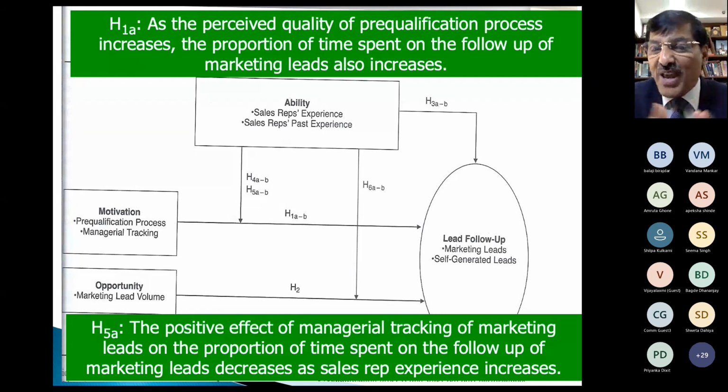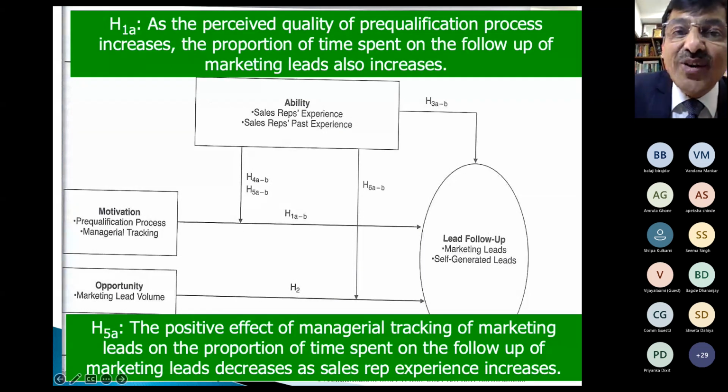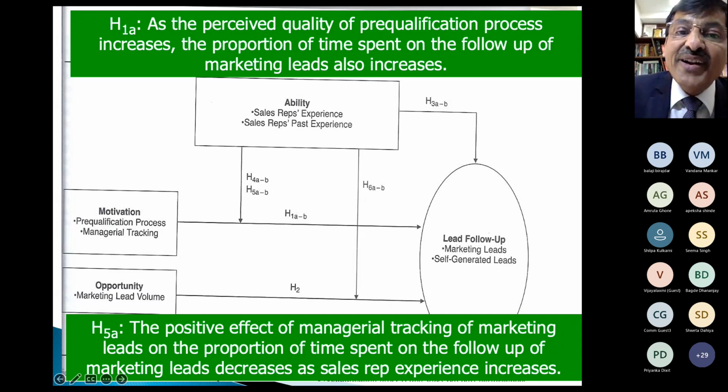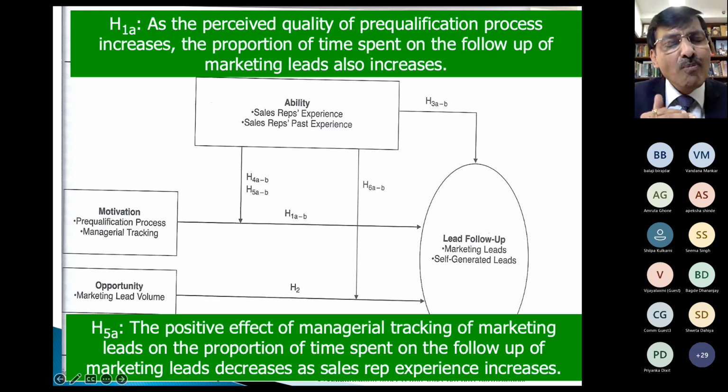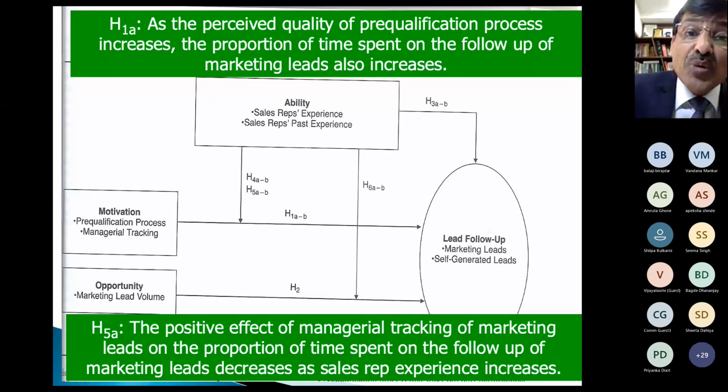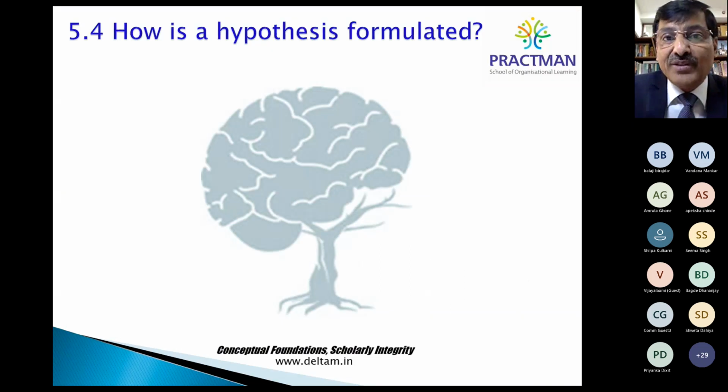All of them will not behave in the same way. This is called a moderating variable. It will be moderated by the sales representatives' experience. More experienced sales representatives are not bothered even if somebody asks the question later, right? So this is how the hypothesis needs to be generated using a conceptual framework.